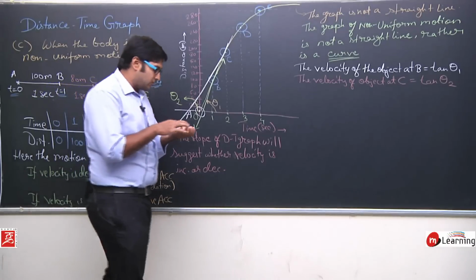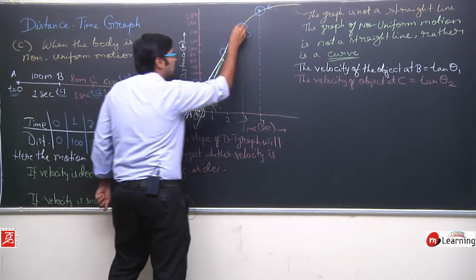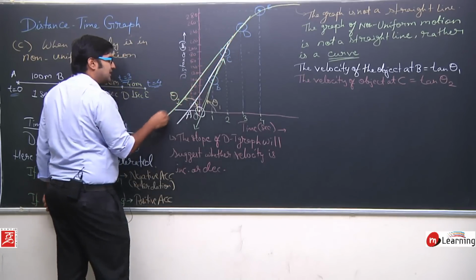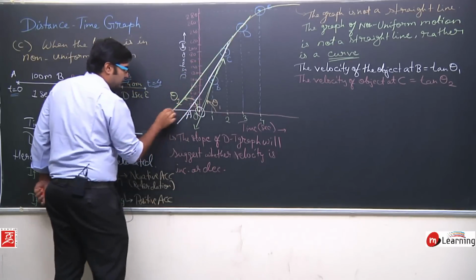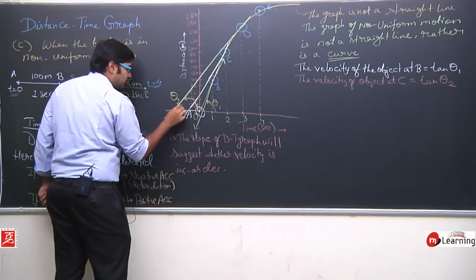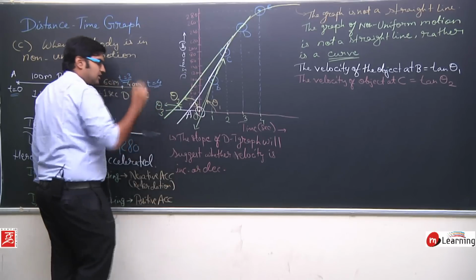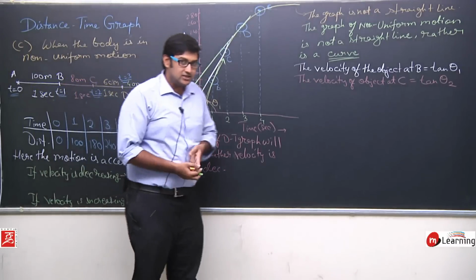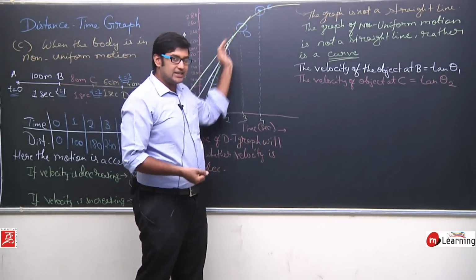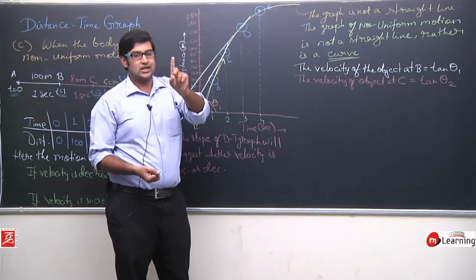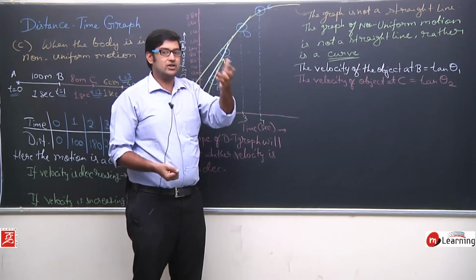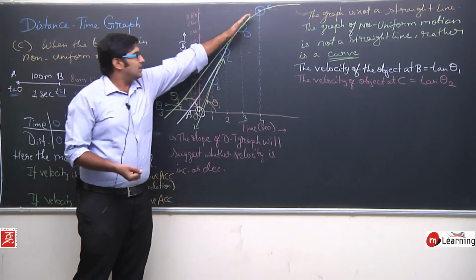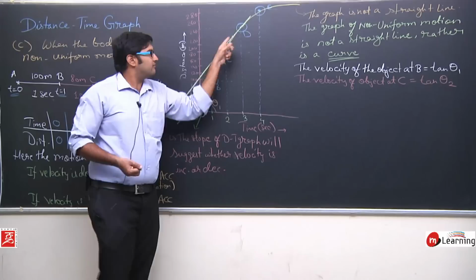Now similarly, if I want to calculate the velocity at point D, what will I do? I will draw a line at point D like this, which is touching the point D only at a single point, and you can see this line is making an angle of theta 3. So what is this line? This is a line drawn at point D which touches this curve at one point. That we call a tangent to a circle or a tangent to a curve, but we need not go into that detail. Just understand that I am drawing a line which is touching this curve at a single point.